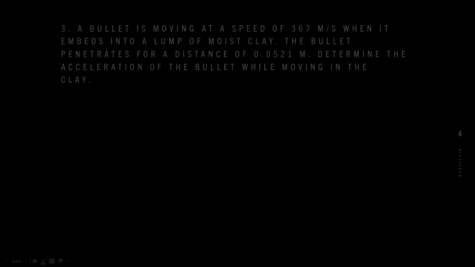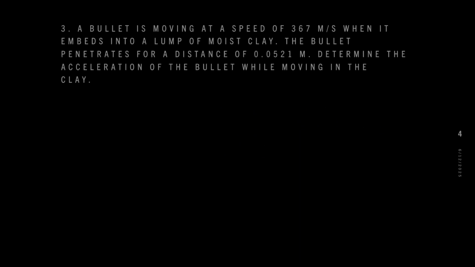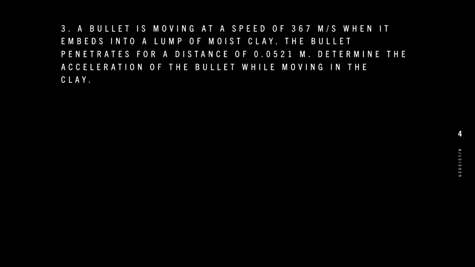So for question number 3, a bullet is moving at a speed of 367 meters per second when it embeds into a lump of moist clay. The bullet penetrates for a distance of 0.0521 meters. Determine the acceleration of the bullet while moving in the clay. So for our picture, we could draw the clay wall, and then we have a bullet that's moving like this.